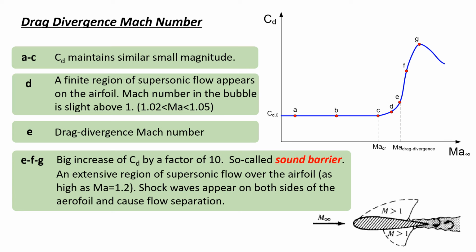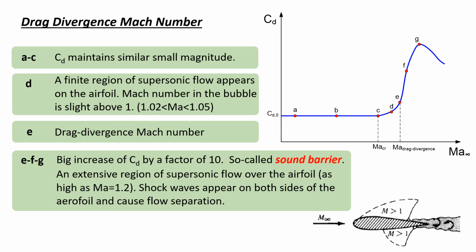And the Mach number in those supersonic regions will be a stronger supersonic Mach number. It can be as high as 1.2 and might be even higher. Also, shockwaves will appear on both sides of the airfoil, and they can cause flow separation. We can see the flow separation indicated here, and also there's a strong wake.